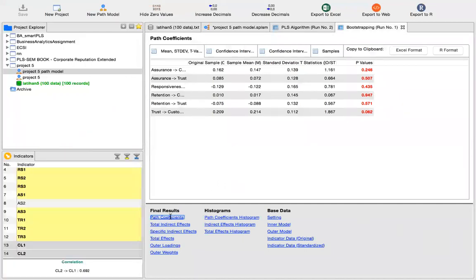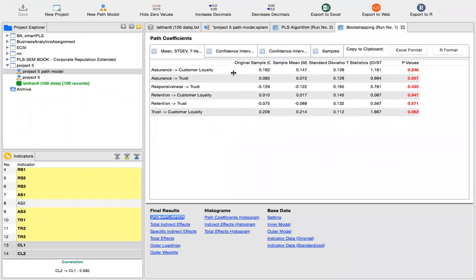Okay, so our p-value must be below 0.5. And if the p-value is greater than 0.5, it means that it has no significant effect. If you take a look at the data, well, not everything is linked to customer loyalty.